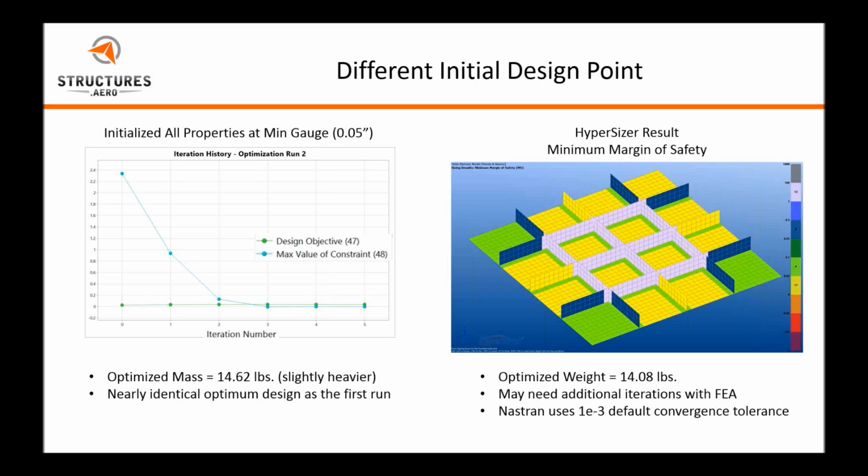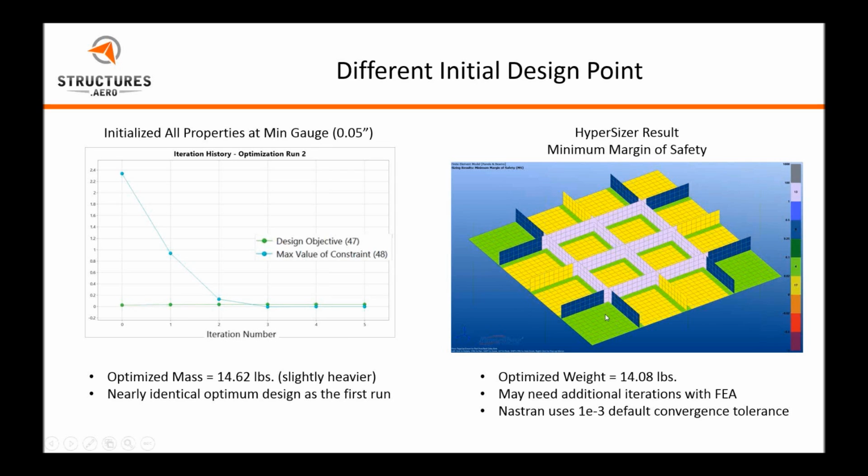But as it adjusts thicknesses, it's keeping the same finite element loads in the structure. So it's important that you go back and iterate with FEA. You import your new thicknesses, run FEA again to allow the loads to redistribute, bring them back into Hypersizer, and rerun until your load distribution converges and your design converges.